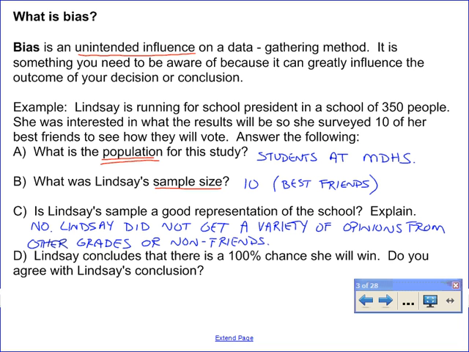All right. So Lindsay, from her results, she concluded there's a 100% chance that she's going to win. So do you agree with her conclusion? The answer is no. And the reason for that, Lindsay's friends are not the only voters.